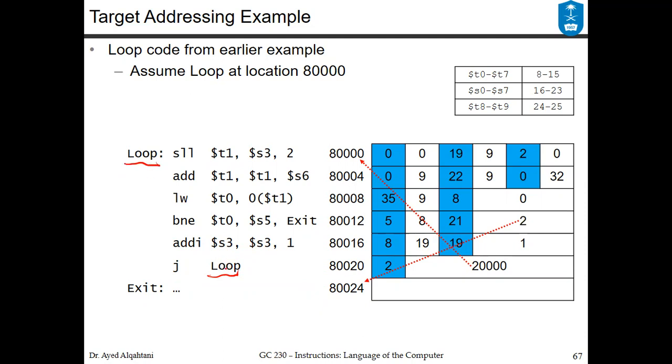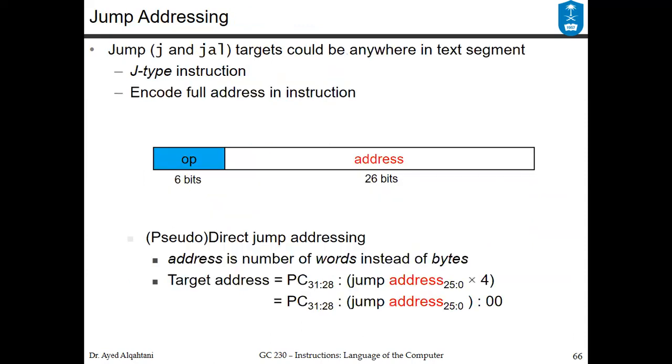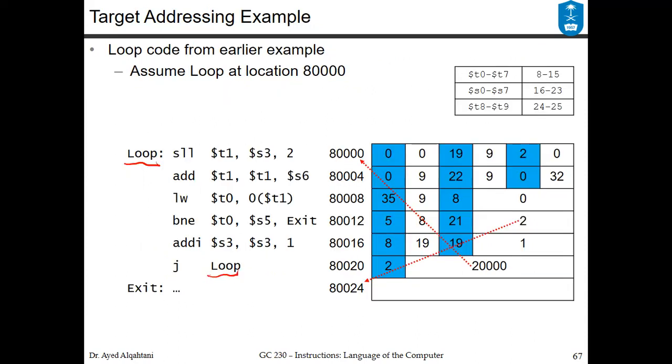So we know that for the jump, we shift to the left by 2 bits. That's what we did in the concatenation right here. And because of this, what we need to write here is, where is the label? This is the label that I want, loop.